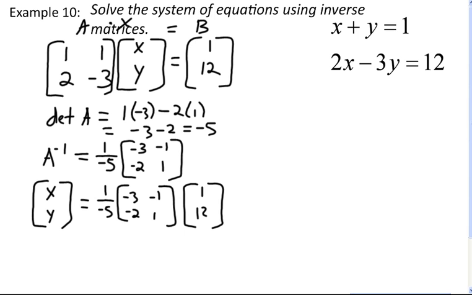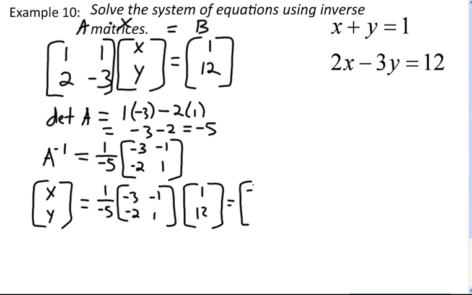So the idea here is once you find the inverse, you multiply the inverse times the constant matrix, and then we'll find our answer. What you don't want to do is multiply the scalar, the negative 1/5, until the end. So now we're multiplying two matrices together.